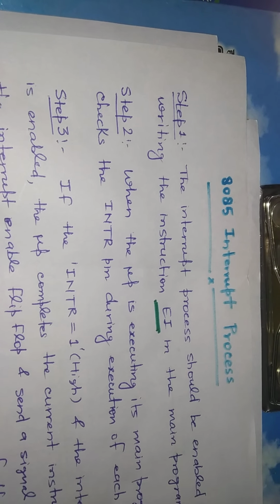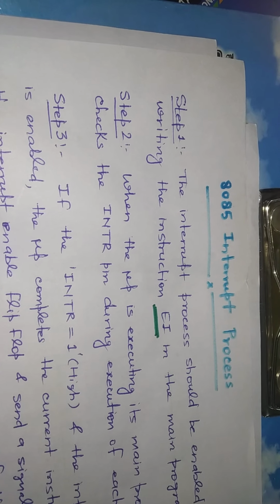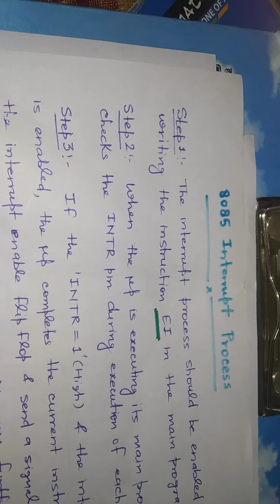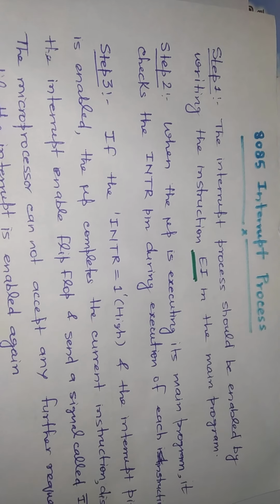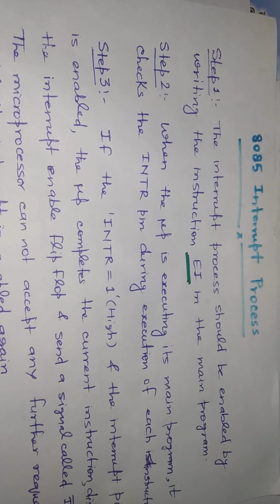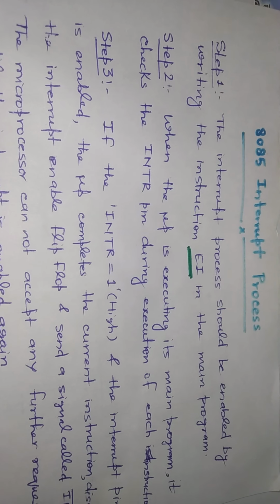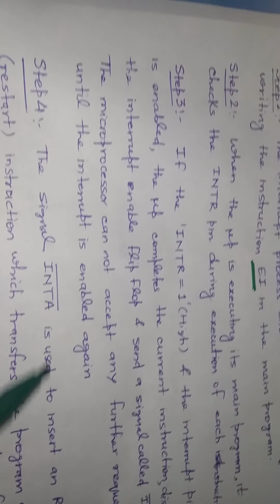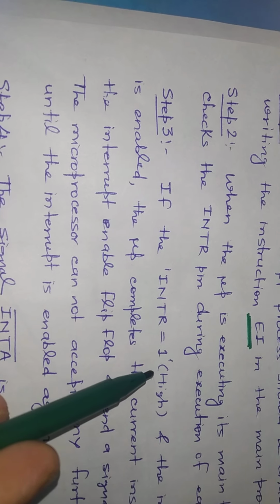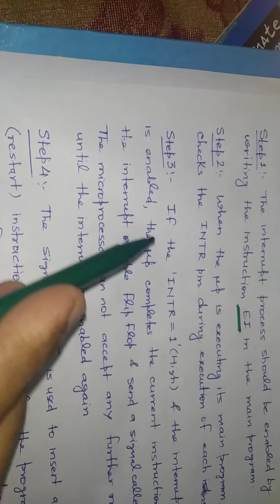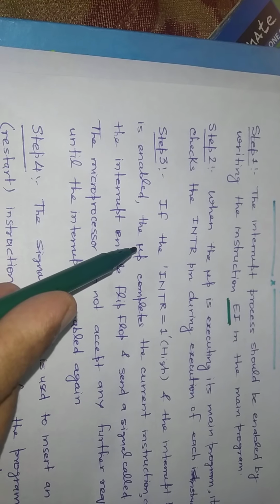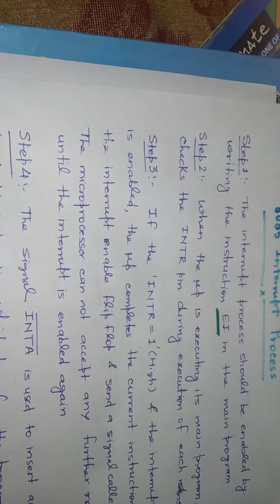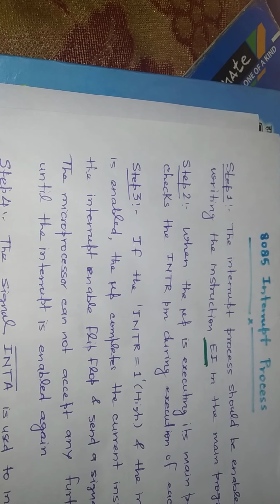When interrupt enable flip-flop is enabled, what will happen? Then the microprocessor has to check during the execution of main program that interrupt request is received or not. It will check the interrupt pin's status. If the status of interrupt pin is high, if INTR goes high, then the microprocessor completes the execution of current instruction, and after completion of this instruction, it disables the interrupt enable flip-flop.